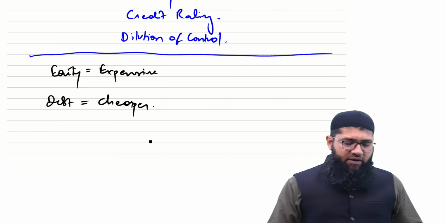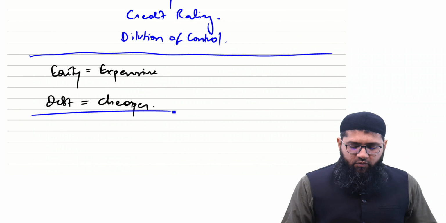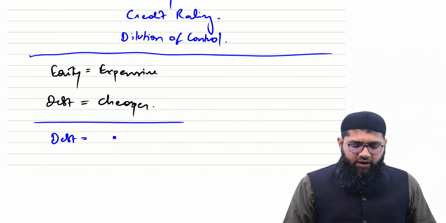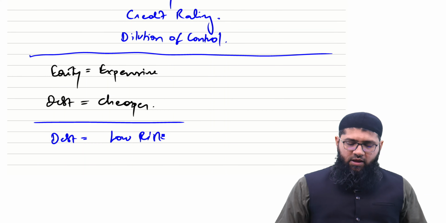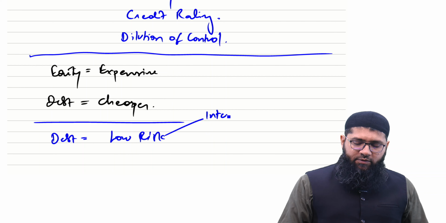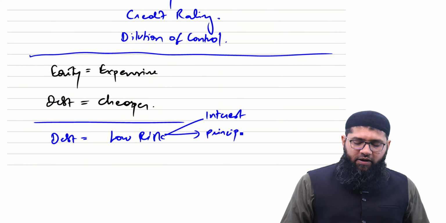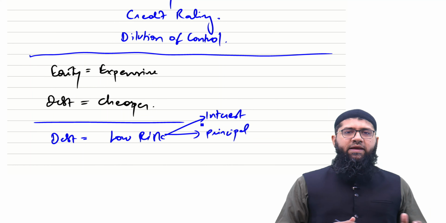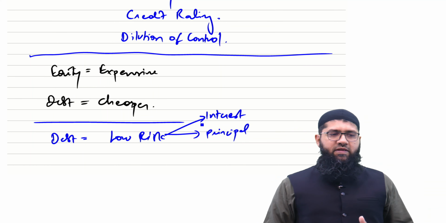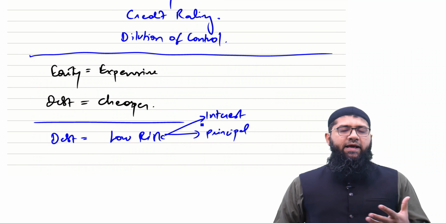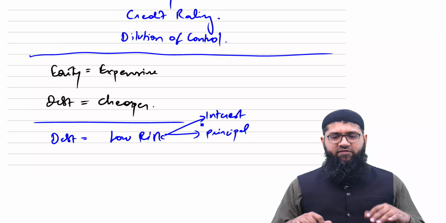Amongst the multiple reasons, one reason is that when it comes to debt finance, the risk faced by the debt provider is low. Why? Because they are guaranteed that they would get their interest and they are guaranteed that they would get their principal. So debt providers get an interest guarantee and a guarantee for their principal, so they generally face low risk.